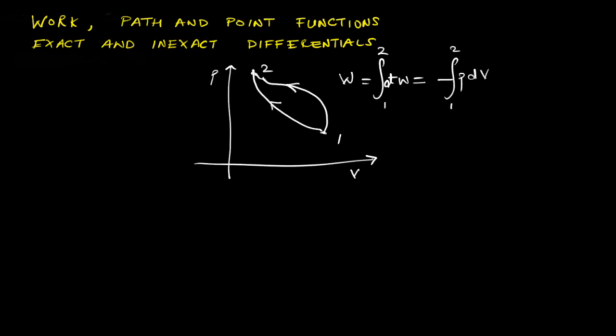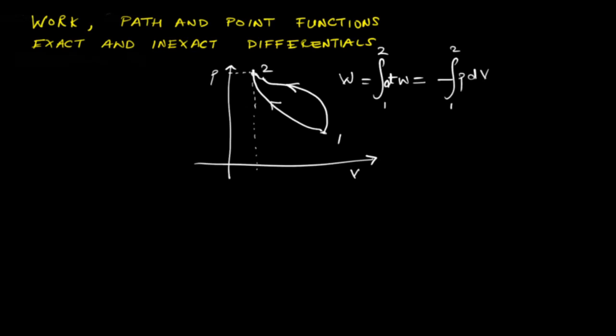On the other hand, thermodynamic properties have definite values for a given state. For example, pressure and volume at state 2 have definite values, and they are independent of how one has arrived at state 2. That means the properties do not depend on the path taken by the system to attain that particular state.